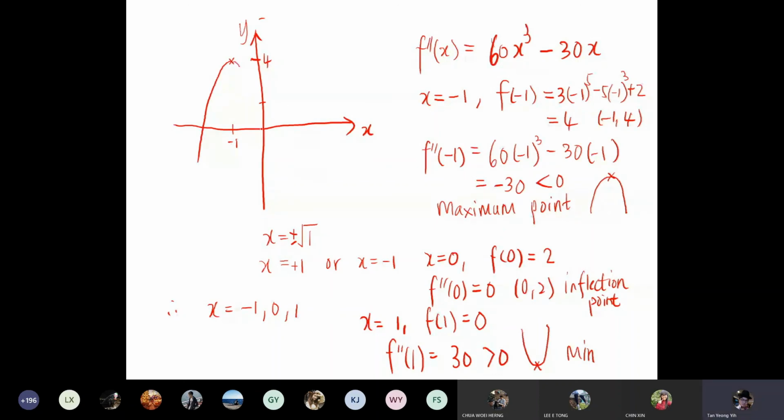Now the second point is this point, 0 and 2. When the x is 0, the y is 2. It's about here. And this point is the inflection point. What does that mean? It means that this one is going down, all the way down until here.